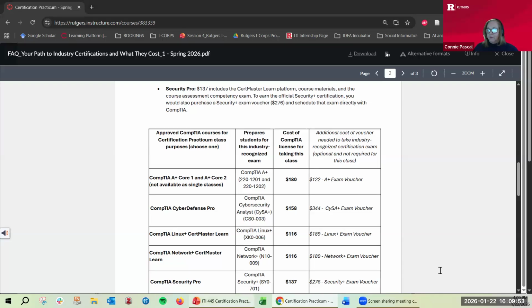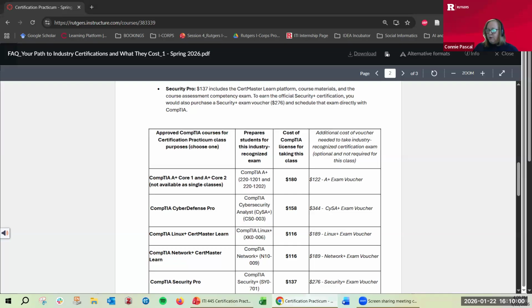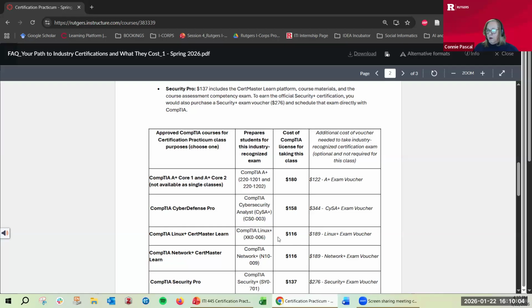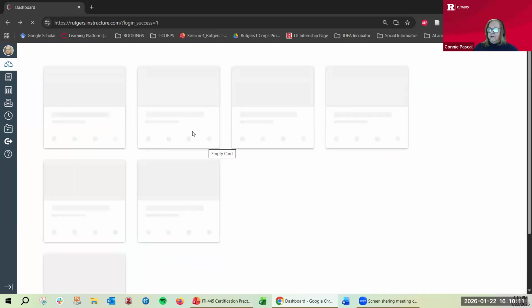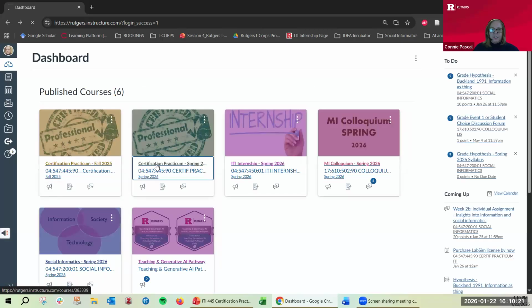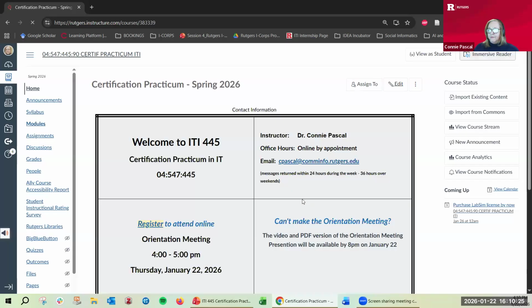Okay, let's go back to that. The next one is choosing your CompTIA certification course for this class. This is where you're going to get your information on how to purchase the course that you choose.